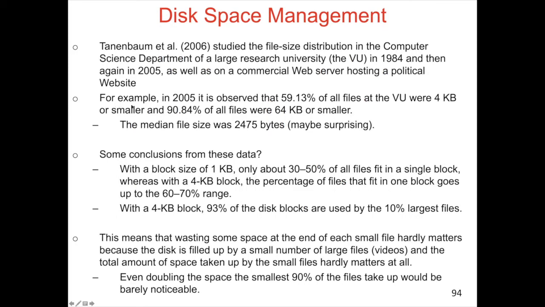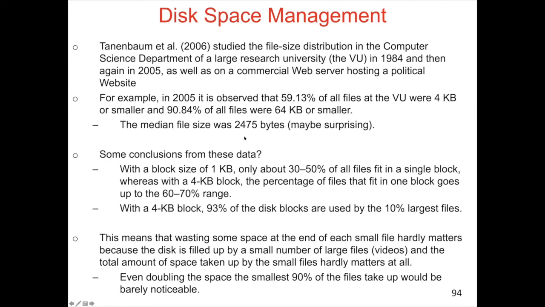For example, in 2005, it is observed that 59% of all files at the VU were 4 kilobyte or smaller, and 90% of all files were 64 kilobyte or smaller.